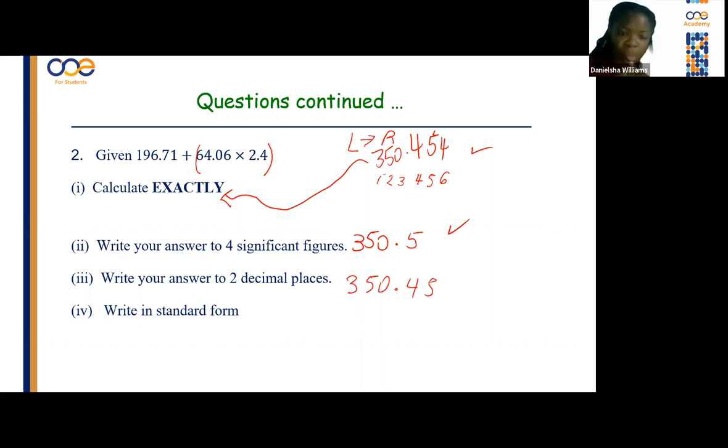We're just dropping off based on the number of decimal places that are needed. So we're looking at 4.54. The 4, which is in the third decimal place, is less than 5, so we will drop off. And that leaves us with 4, 5 as our digits that are in the first and the second decimal places.